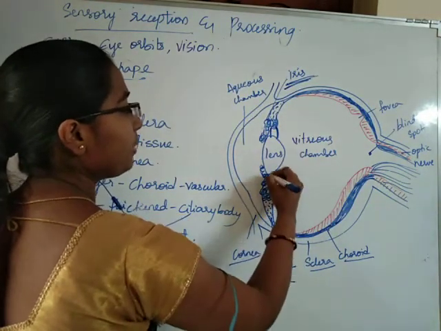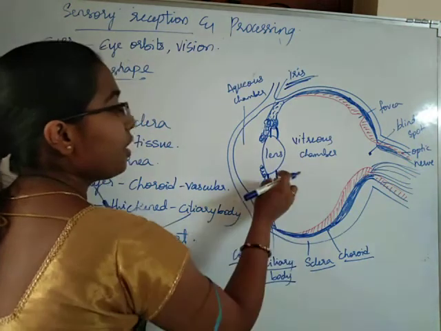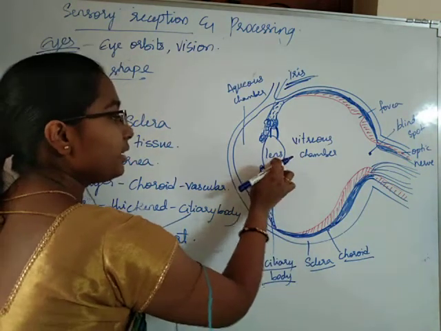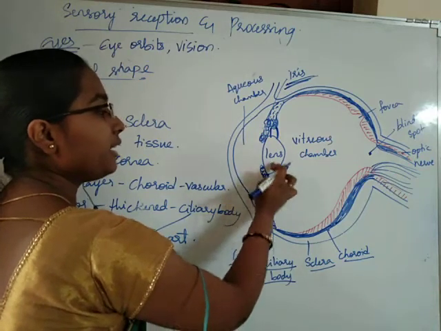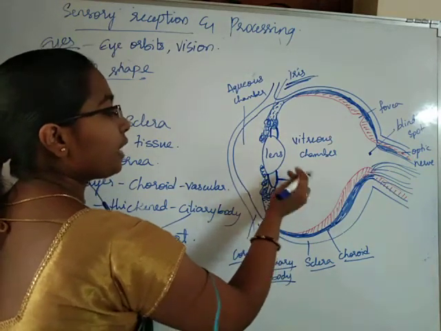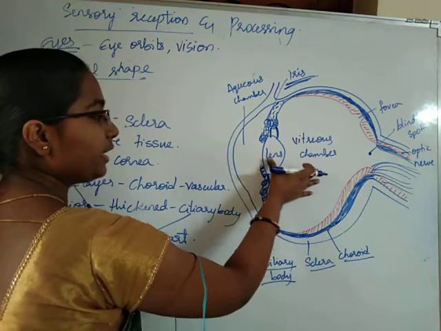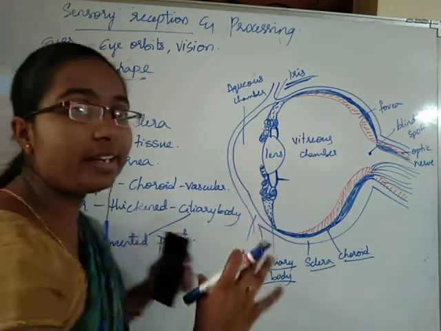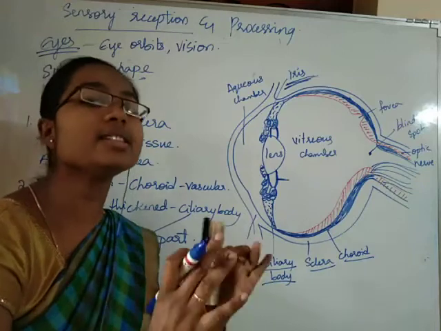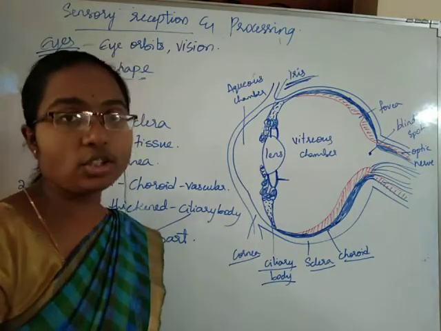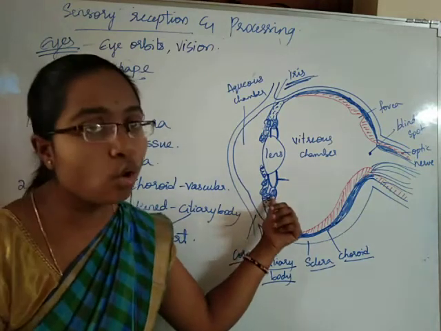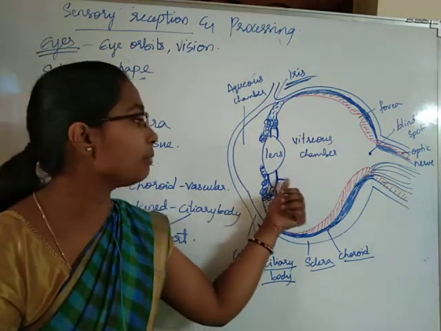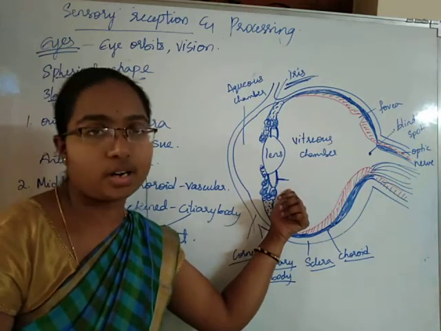These are some ligaments which connect the lens to the iris, and iris will hold the lens in its position. Something should be holding the lens in its position, right? So the iris will hold the lens in its position by using some ligamental structures.